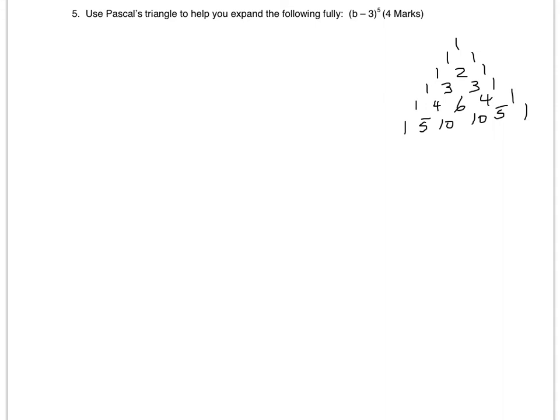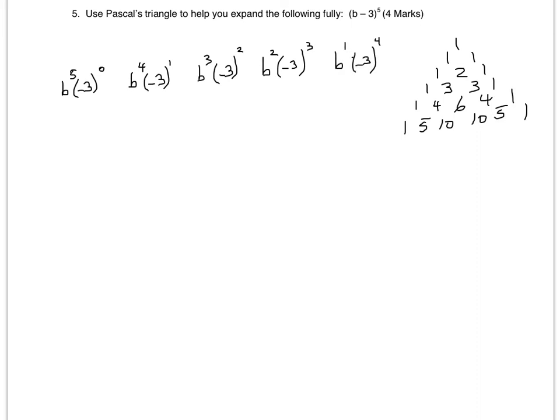Now I'm going to expand this one, so it's going to be b exponent 5, negative 3 exponent 0, b exponent 4, negative 3 exponent 1, b exponent 3, negative 3 exponent 2, b exponent 2, negative 3 exponent 3, b exponent 1, negative 3 exponent 4, and b exponent 0, negative 3 exponent 5.